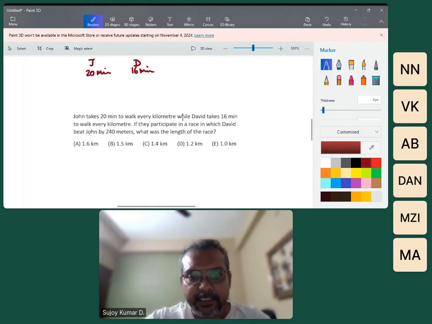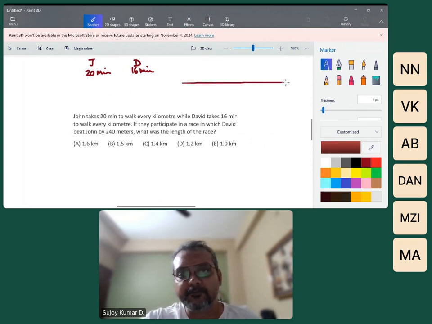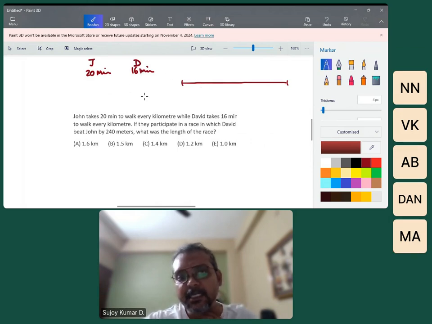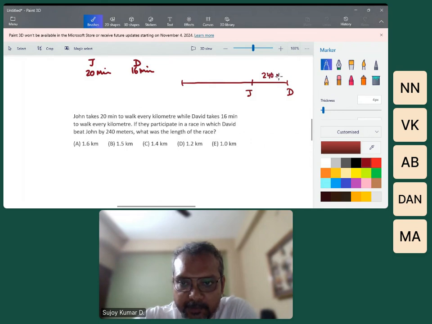Now it says that in the race, David beats John by 240 meters. What do you make out of this? David is obviously faster because he takes fewer minutes to cover the same kilometer. So David finishes first, while John is behind him, and their gap is 240 meters. Is everyone okay with this?